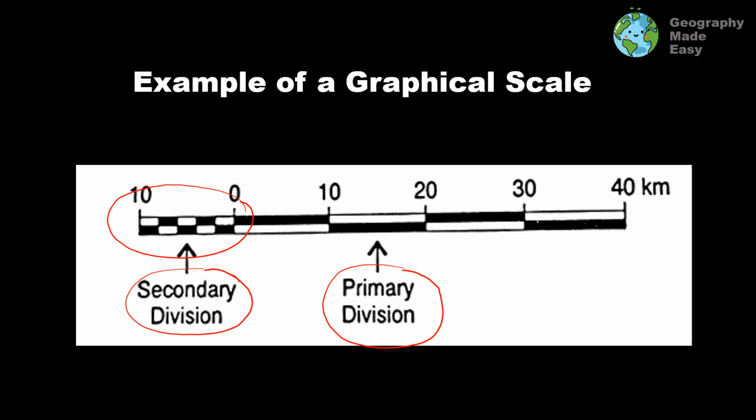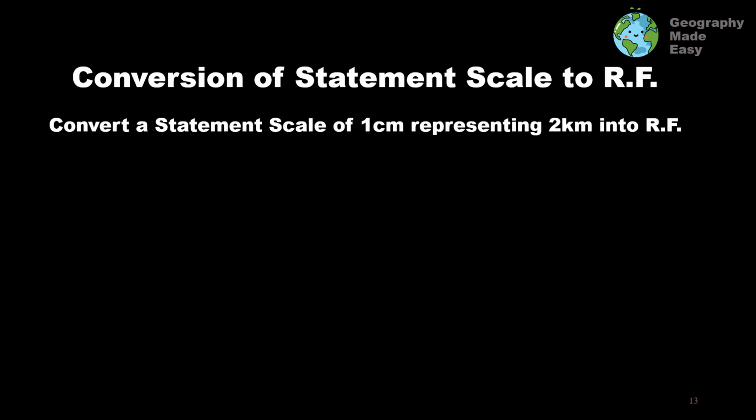If you have a ruler in front of you, you can have a look. Same way, when we draw a graphical scale, we do the same thing to get finer divisions. We are not going into the details. When I show a video on how to construct a graphical scale, I will show this.